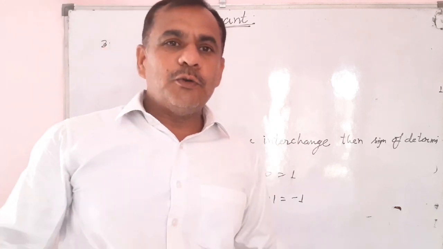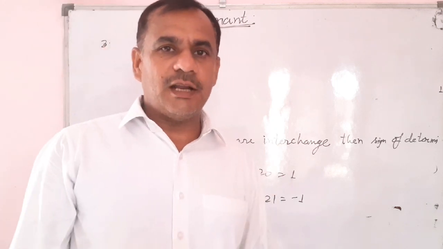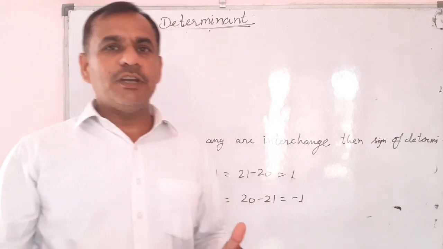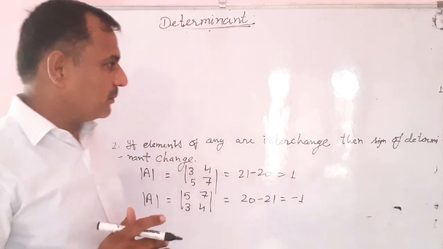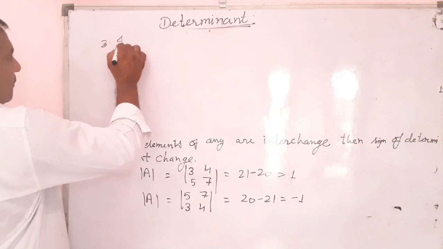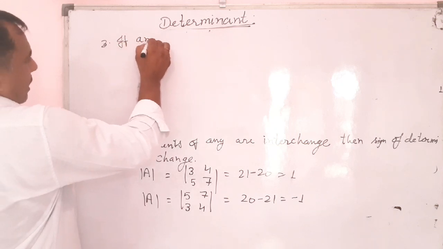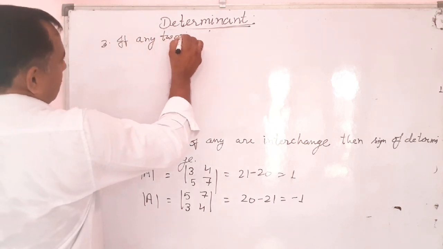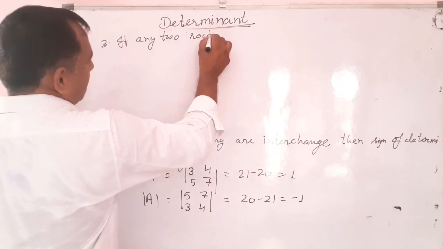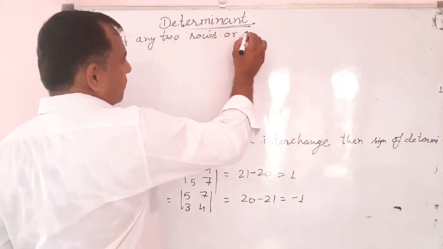If any two rows or two columns are identical, then value of determinant is 0.